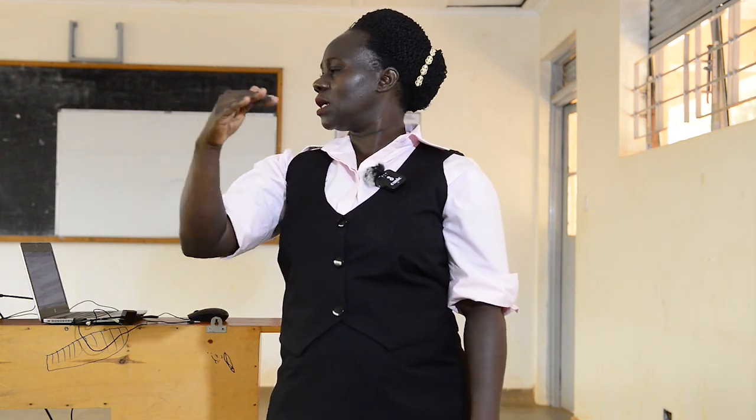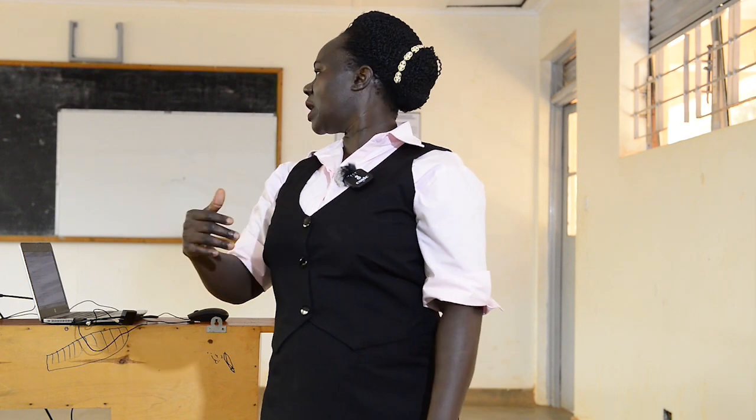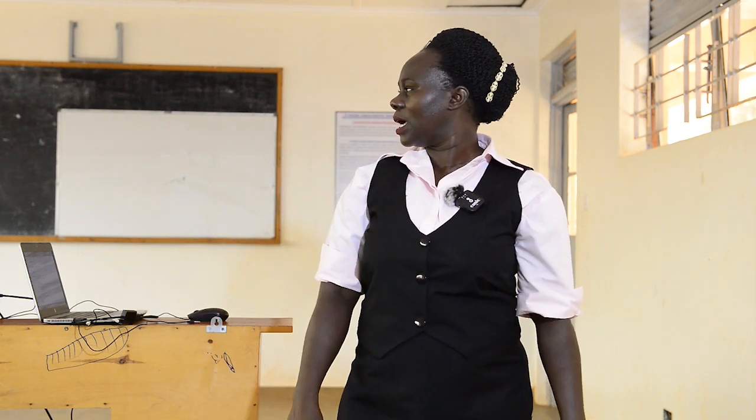But now look at this. We have to define obstetric anatomy because it's a course unit. We defined anatomy, physiology, obstetrics. We now have to define obstetric anatomy. Obstetric anatomy is the study of body parts as related to pregnancy, labor, and puerperium.